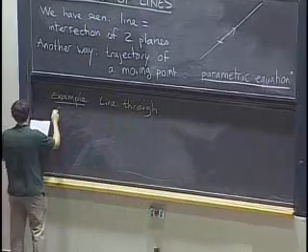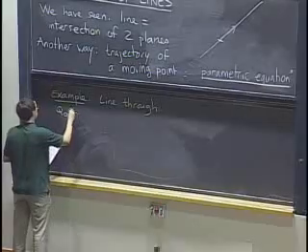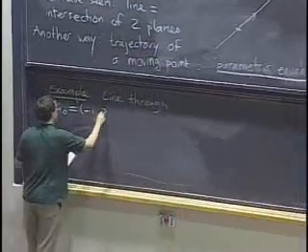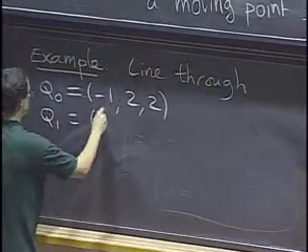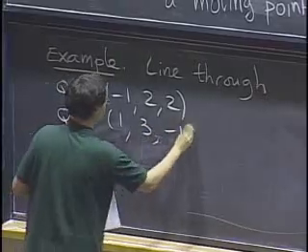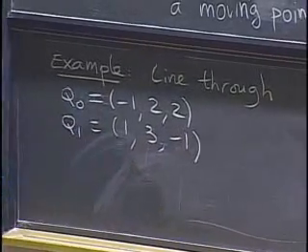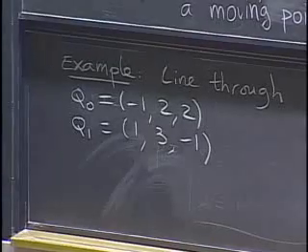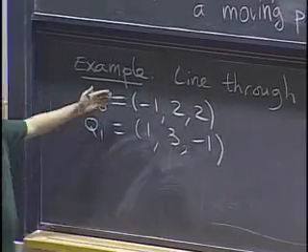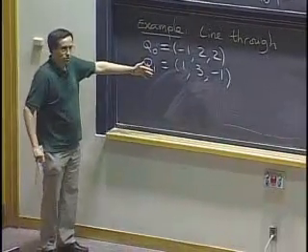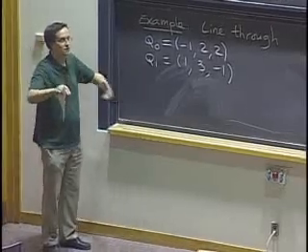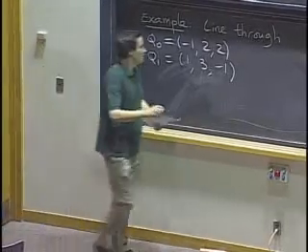So let's say I give you 2 points on the line, (-1, 2, 2), and the other point will be, let's say, (1, 3, -1). It's pretty good because we have 2 points on that line. Now, how do we find all the other points? Well, there are the points in between these guys and also on either side.